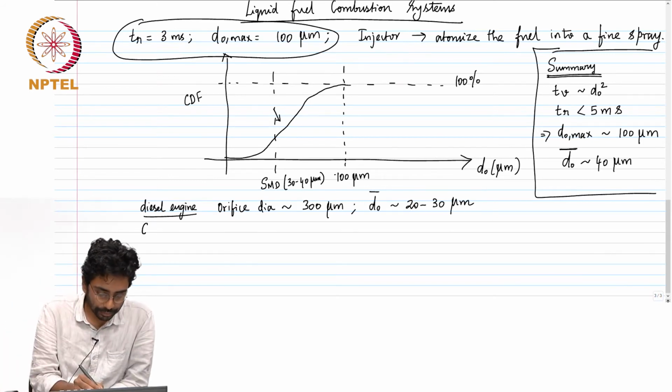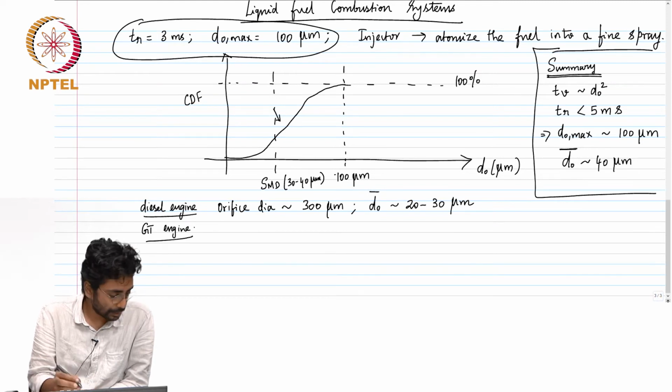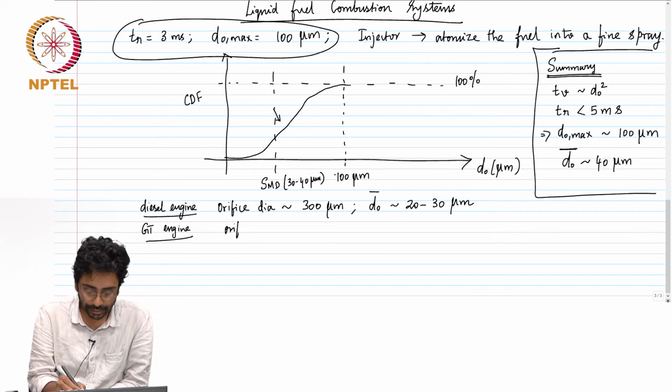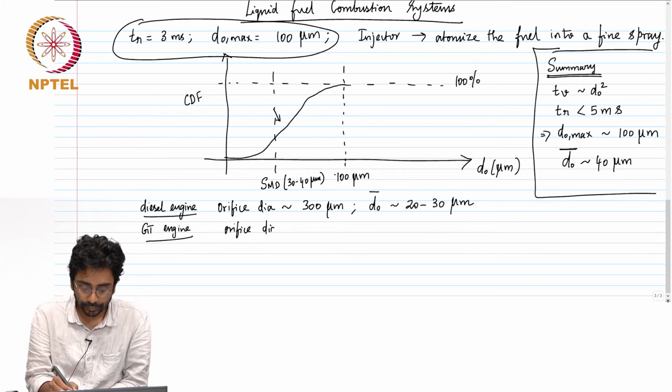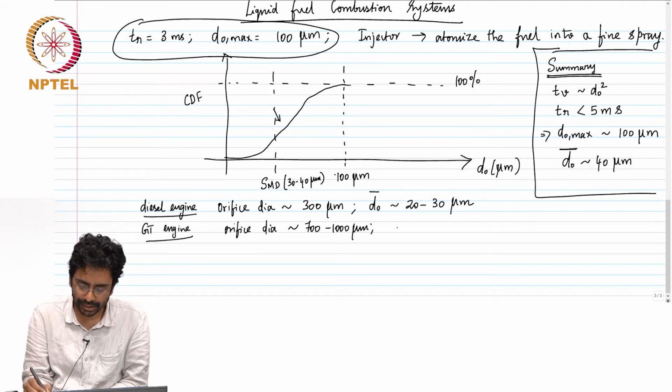Take a gas turbine engine. Orifice diameter is larger, 700 to 1000 micron, but you would still end up with a D0 bar or an SMD of 30 micron.